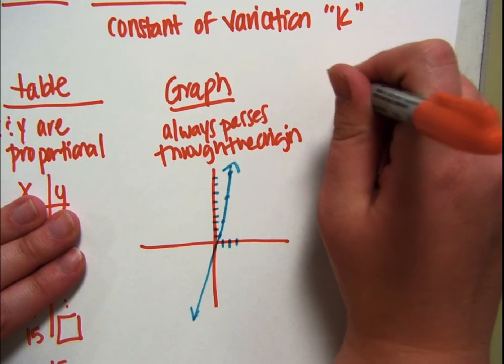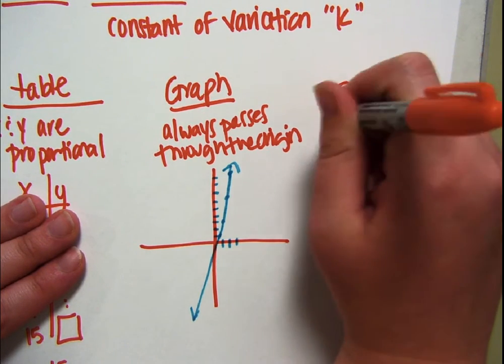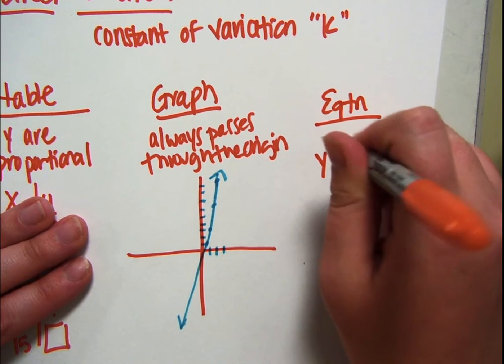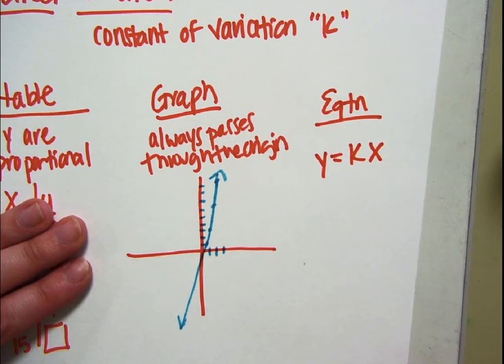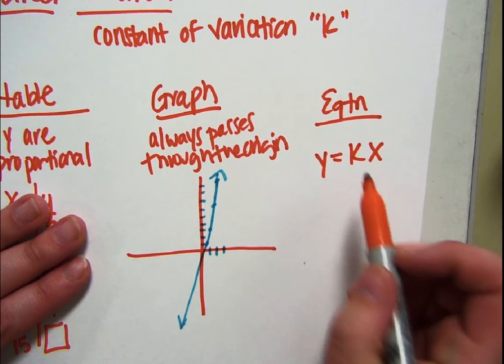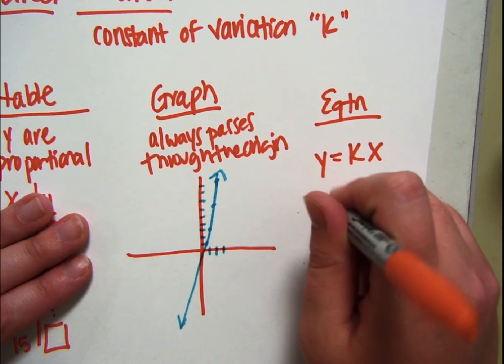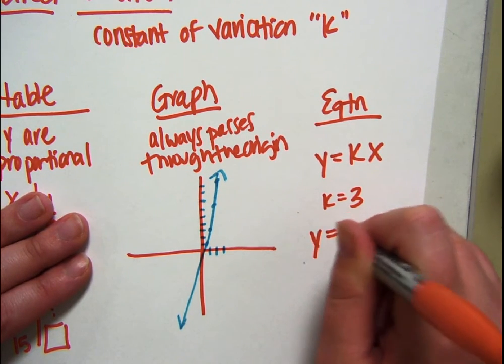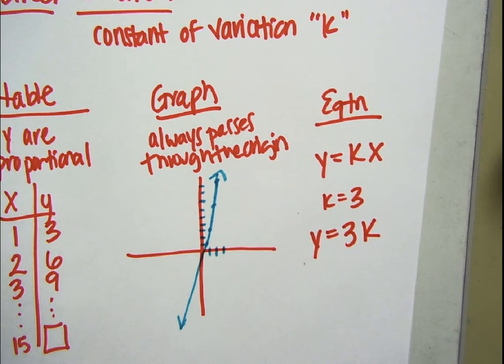Lastly, the equation. The equation of direct variation is always in the form of y equals kx, where k is this constant of variation. Our constant of variation in this case is 3, so we can write the equation y equals 3x to represent this relation.